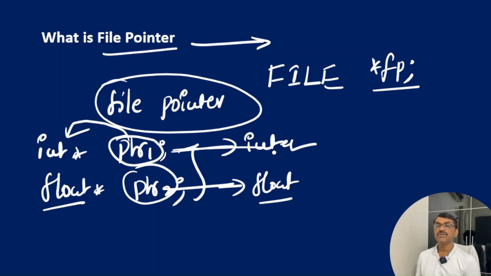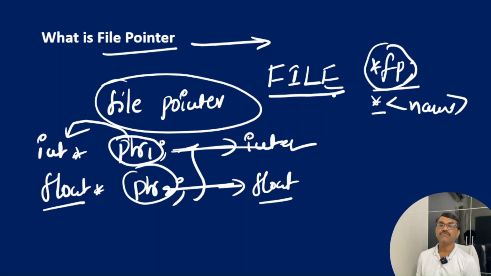Very, very important thing you should remember: to create a file pointer variable, you write a star, then any name you can give. Before the star, you have to write capital letters FILE. You must mention this. FILE should be only in uppercase. What is meant by this FILE?